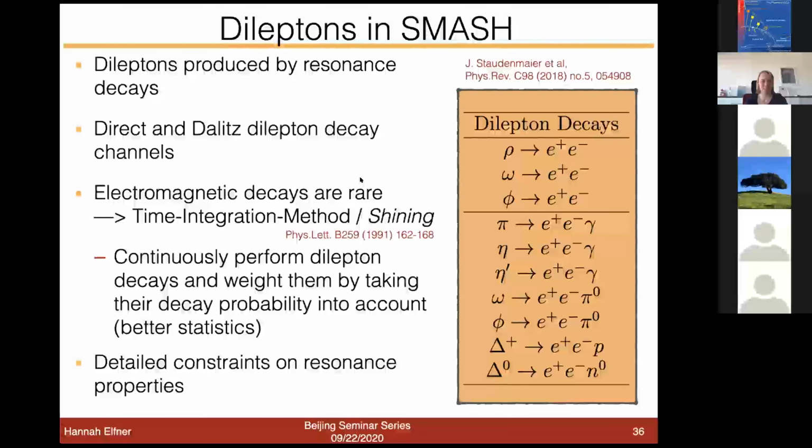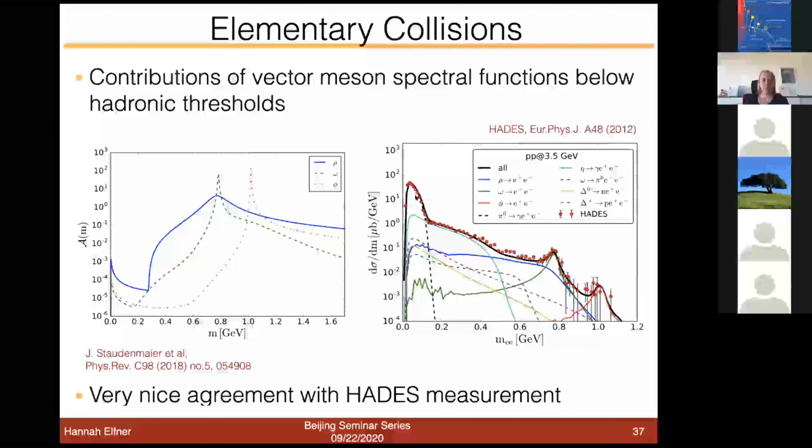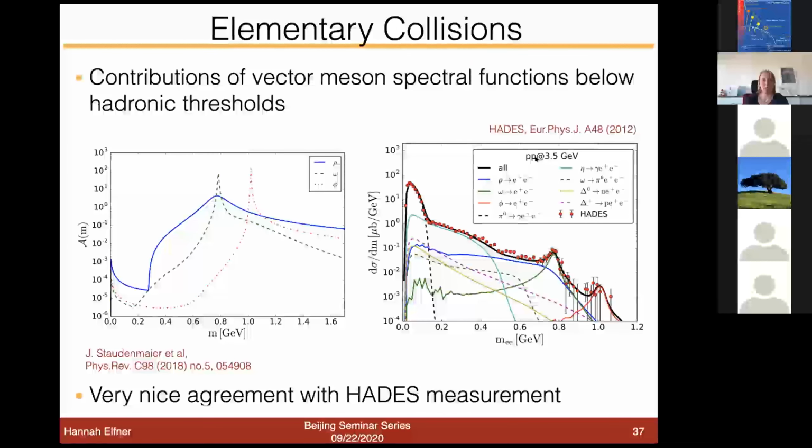And what we did for the dileptons is to also gauge our model in elementary collisions. So we looked here at the proton-proton data from HADES at 3.5 GeV, and the black line is our calculation, and it actually nicely matches the experimental data. One comment to make is that on the left here, I'm plotting the dilepton emission from the rho and the omega and the phi.